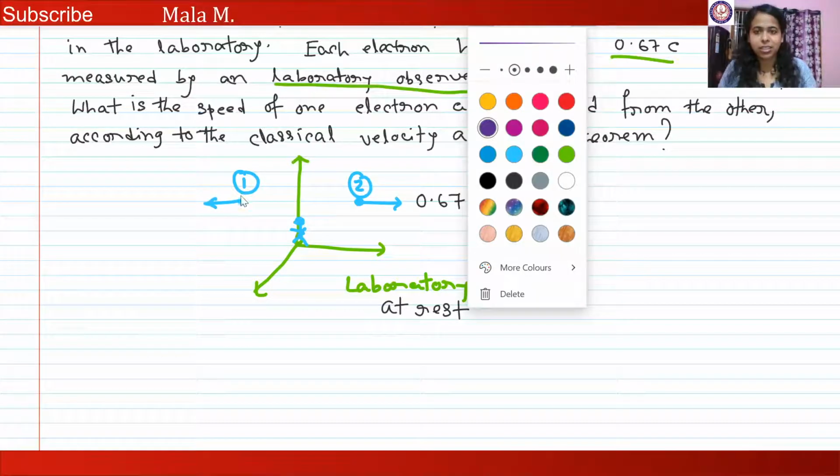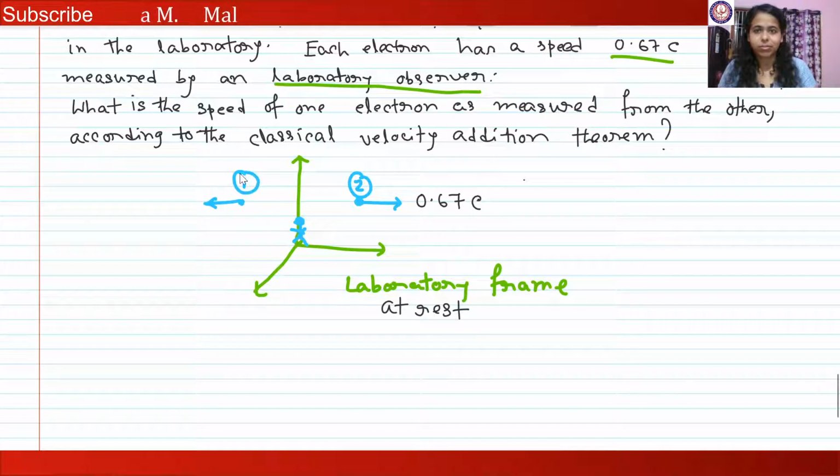I have to put my observer here. In my first case, the observer was here, measuring the speed of both electrons. In the second case, the observer is here. So since the observer is here, we have to consider a frame attached to this electron. So we are taking the number 1 electron.